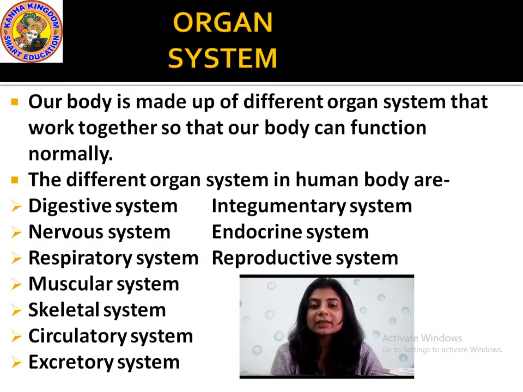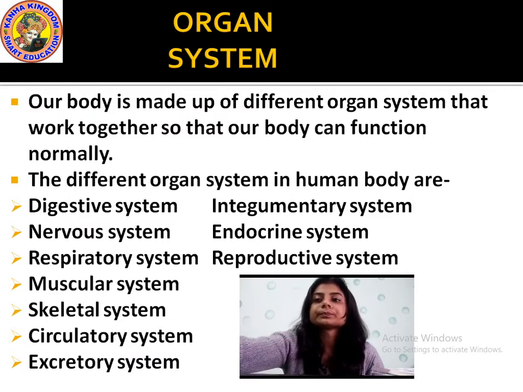I hope you understood this. There are 11 organ systems in our human body. It is written in the slide.